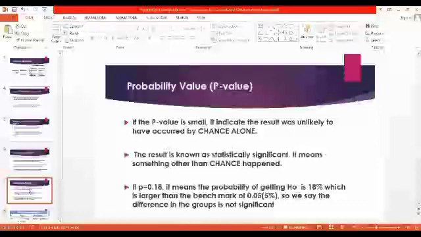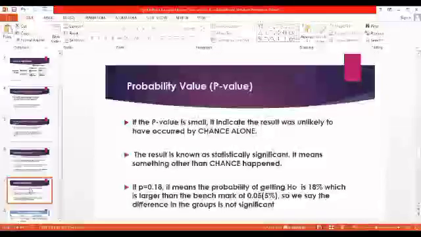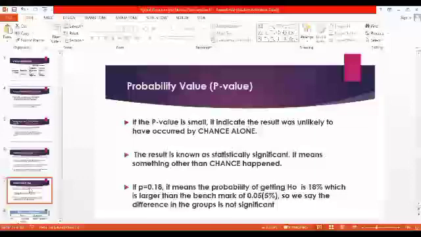The null hypothesis states that there is no difference between A and B. If the p-value of our earlier data on the difference between A and B is 18% or 0.18, then it means there is an 18% chance that there is no association.